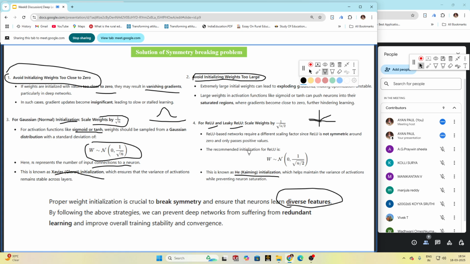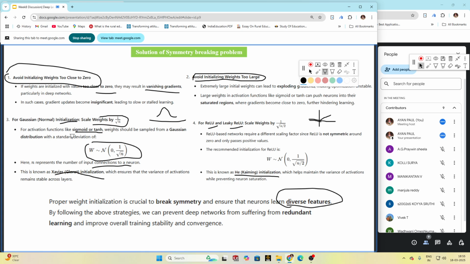Again I am repeating, what are the four strategies? You should avoid initializing your weights close to 0. You should avoid initializing your weights too large. And if you are taking your weights from a Gaussian distribution, you have to scale by 1 by root n in the case of sigmoid or tanh function, where n is the number of input connections to the neuron.